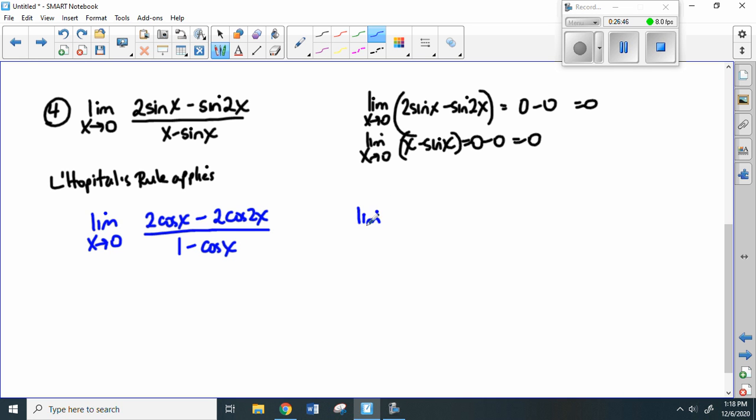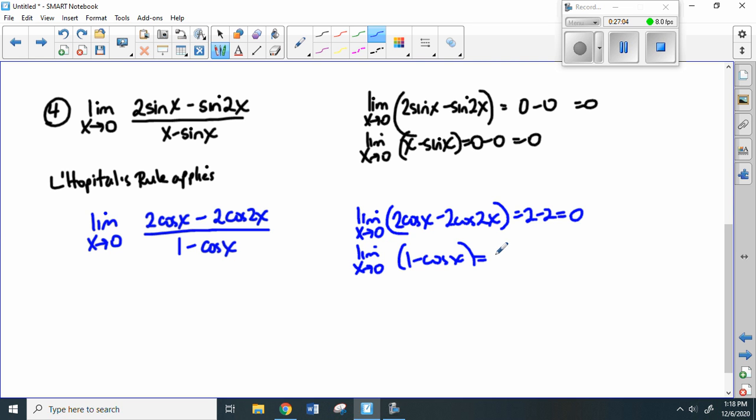So I'm going to show that the limit as x approaches 0 of the top equals 0, and the limit as x approaches 0 on the bottom equals 0 again.